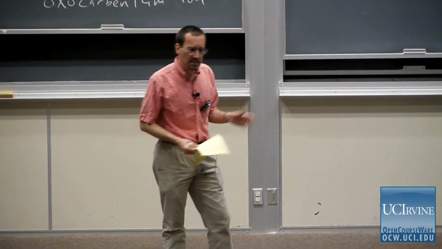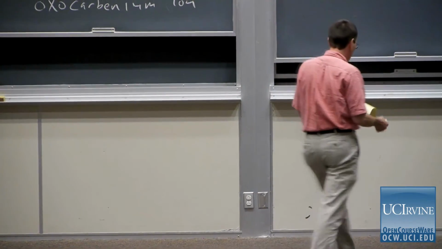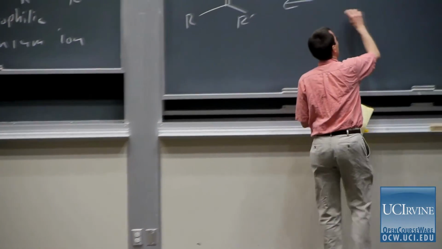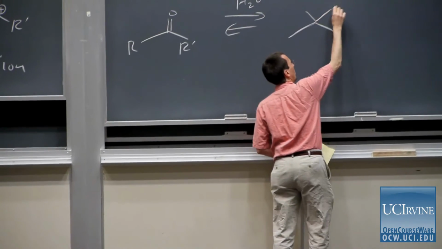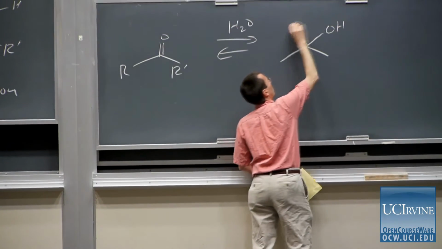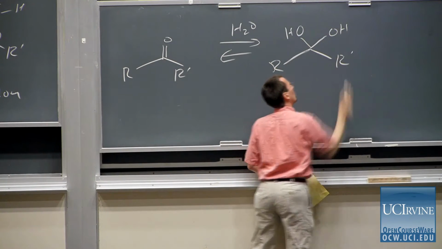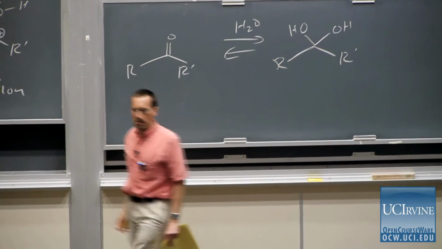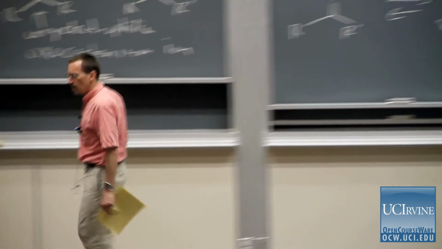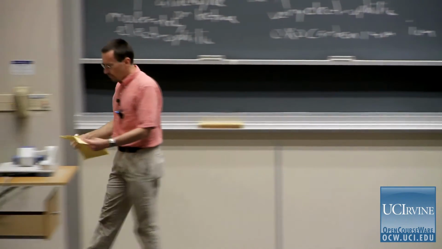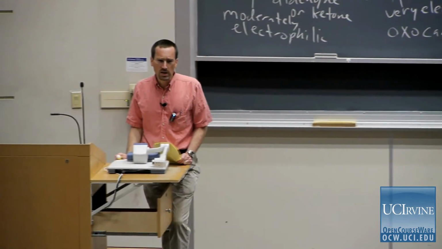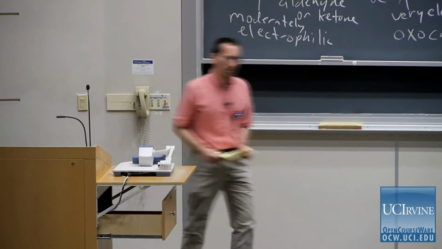In many ways it's invisible, because if you distill your product out, you never end up seeing this. You just get back your acetone or your acetaldehyde. But you have an equilibrium with this species here, where now instead of having a carbonyl group, you have two hydroxy groups. Water has added to the carbonyl group.